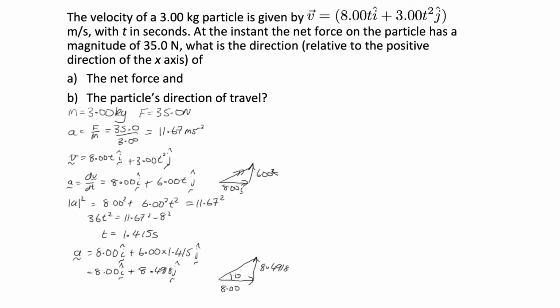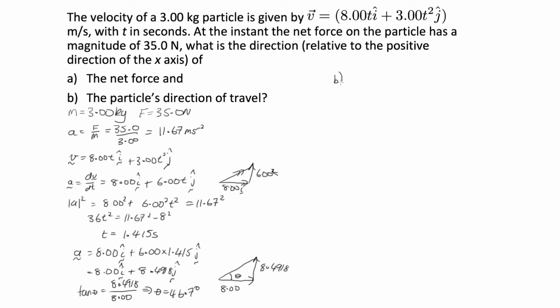So what we want is this angle in here. So we can use tan theta is equal to 8.4918 divided by 8. And so this tells us theta is equal to 46.7 degrees. So that's the direction of the net force, because the net force has the same direction as the acceleration.